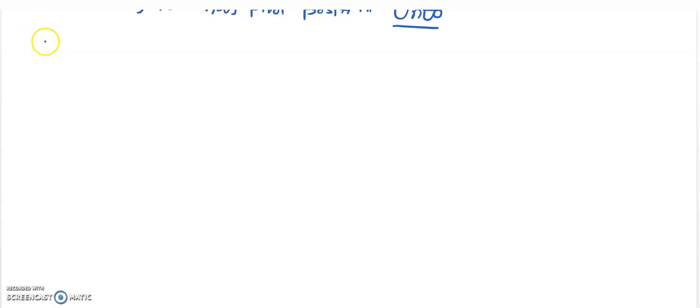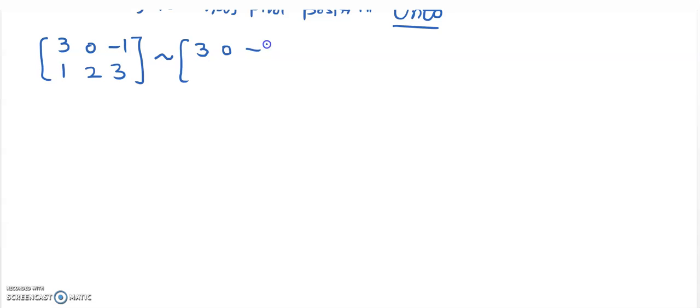In this case we have [3 0 -1; 1 2 3]. We can convert it into its echelon form. We can interchange the rows, but this is just optional. What we can do is make the 1 below the 3 into 0, so multiply by -1/3.